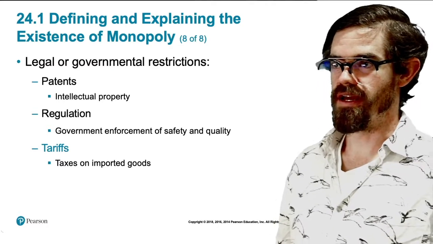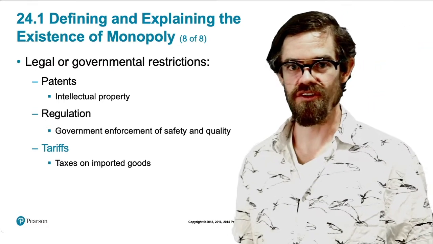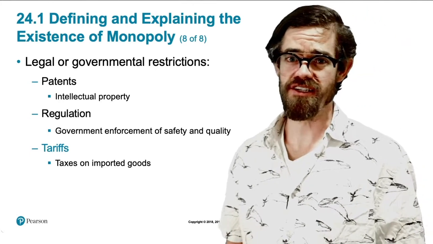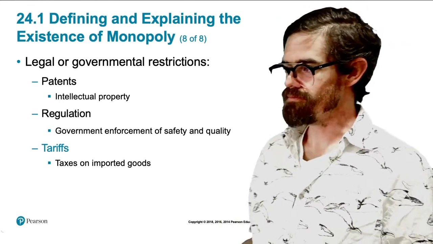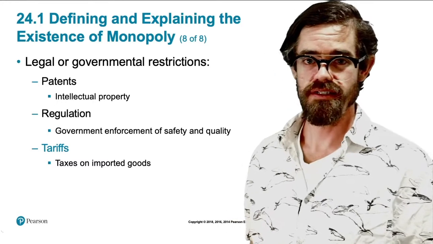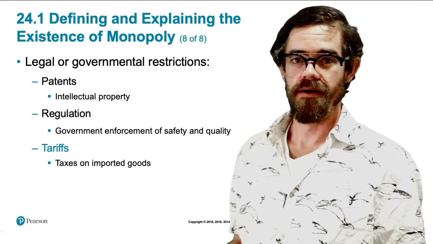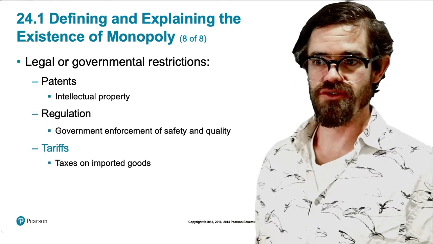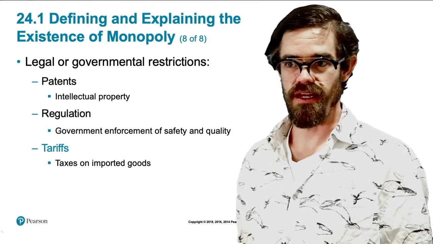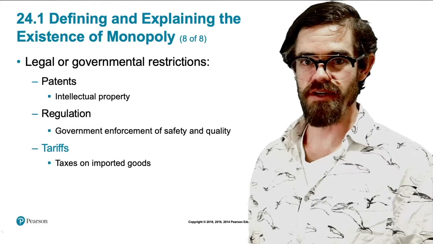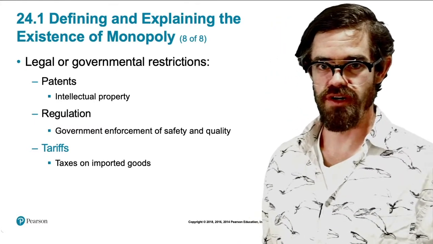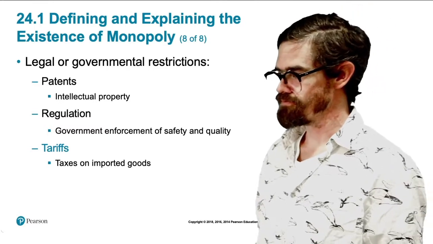They may not have that incentive if they knew that once they developed their invention, it could easily be stolen from them. So a patent prevents this, right? It says, I invented this thing, and I have the sole right as the inventor to create and sell this item, and if someone tries to copy it, I can basically sue them. So it acts as an incentive for innovation and research and development.